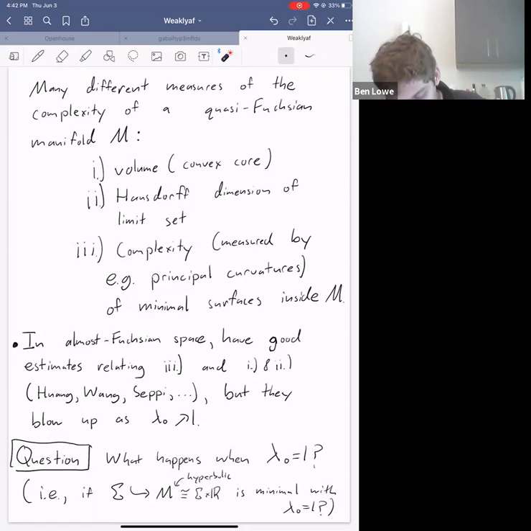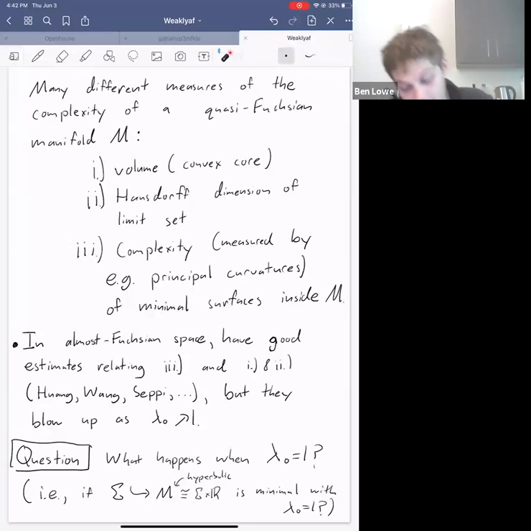So one thing you can look at is this canonical minimal convex region inside your quasi-Fuchsian manifold, and you can just look at how big it is, right? For a Fuchsian manifold, it will have 0 volume, but in general, it will have positive volume. And so how big this convex core region is, where all the action is happening, is one way of measuring how complicated a quasi-Fuchsian manifold is.